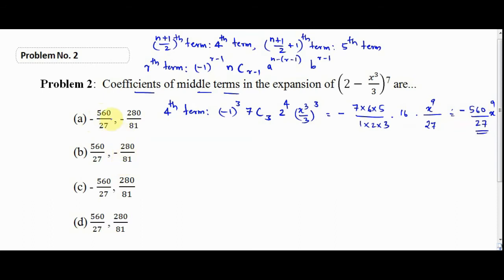If you look into the options, we have two options giving the value minus 560 by 27. So the right answer can be one among A or C. To find out the right one among A and C, let's find the fifth term in the expansion.